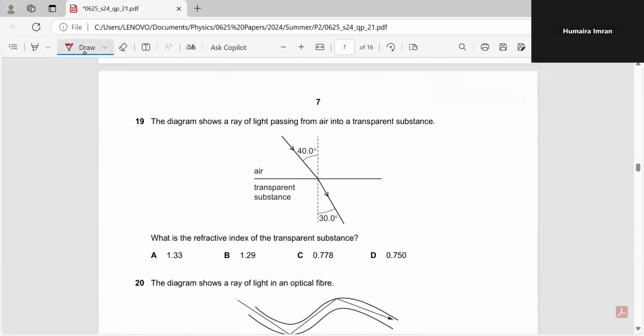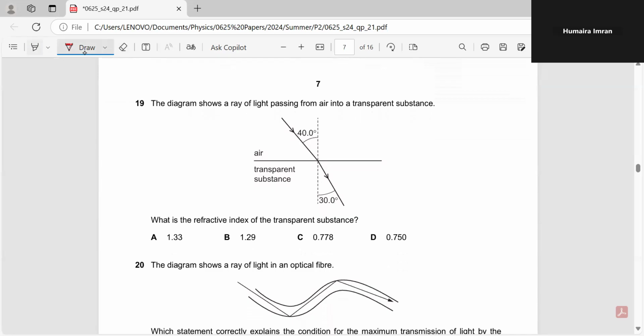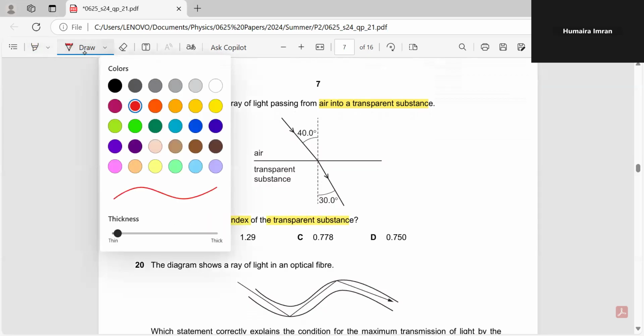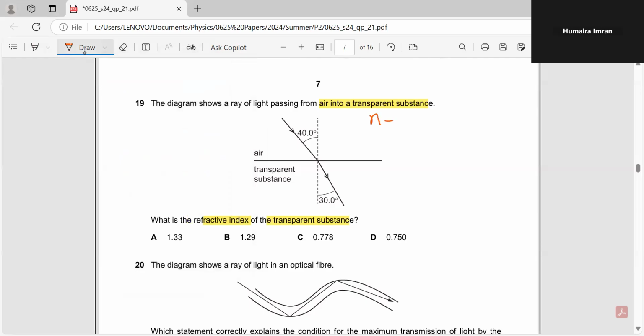Question number 19. The diagram shows a ray of light passing from air into a transparent substance. What is the refractive index of the transparent substance? So refractive index is n, and we know that its formula is sine of angle i over sine of angle r, where this is the angle of incidence and this is the angle of refraction.